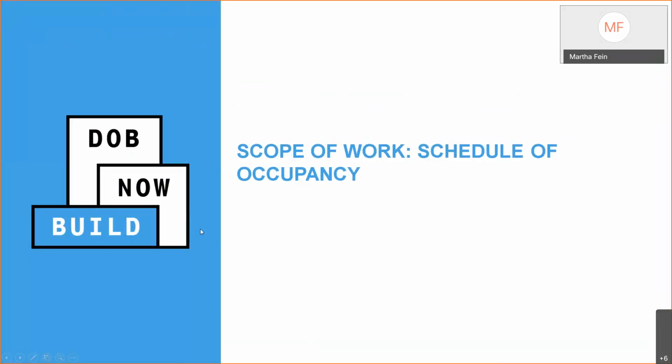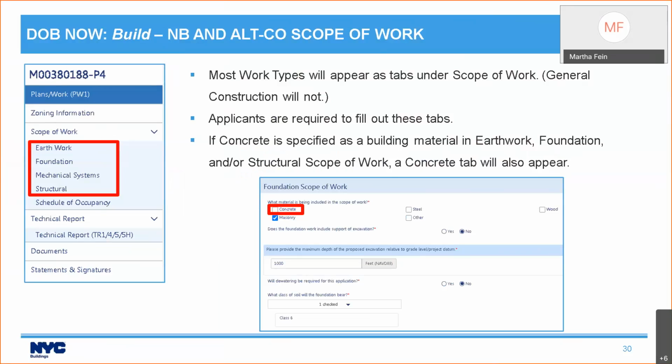So now let's talk about the scope of work section. First of all, under scope of work, most work types will appear as tabs. General construction will not, but pretty much everything else will. And if those tabs show up, you do need to fill them out. And some of the tabs will ask a question about materials being used.